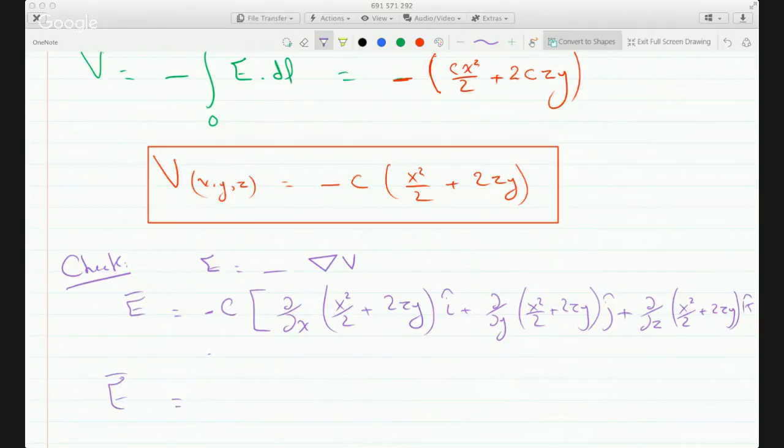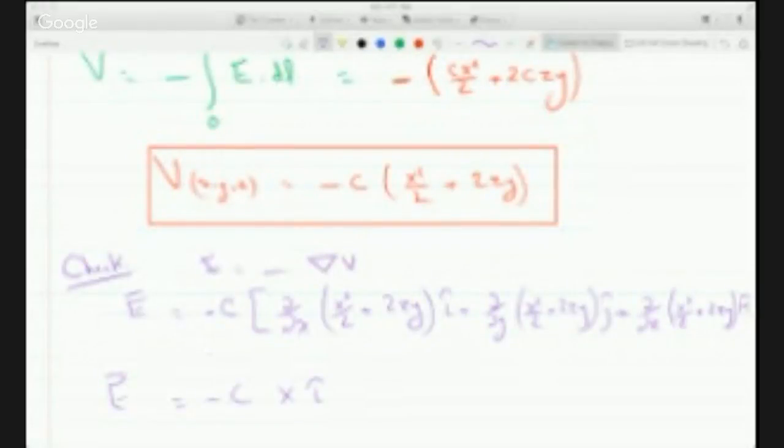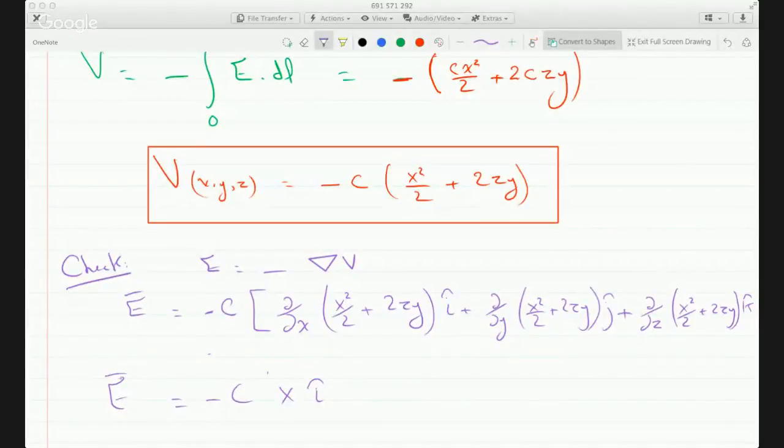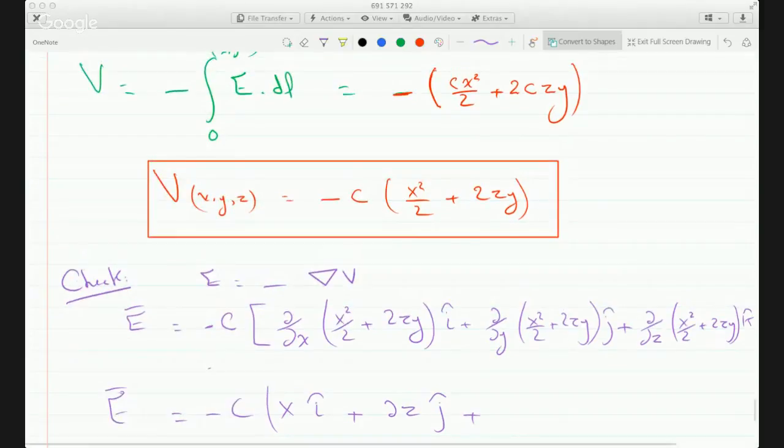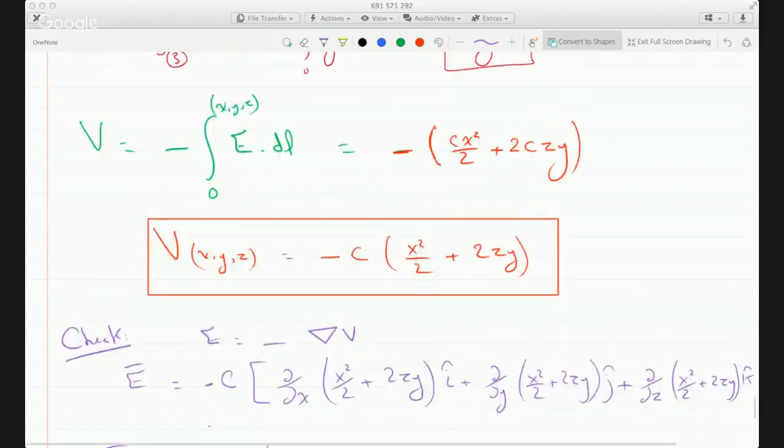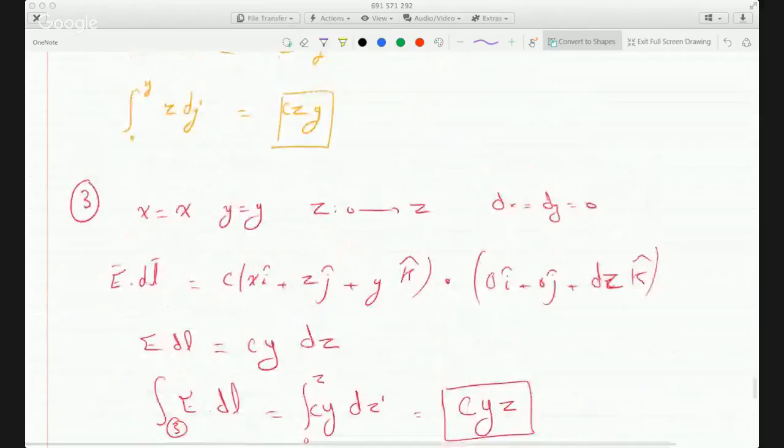And then let's see if we actually do get the electric field back. So minus c, this will give us an x in the i, and this will be 2z in the j, because the first partial derivative is 0. And the last one is 2. I'm getting a 2.